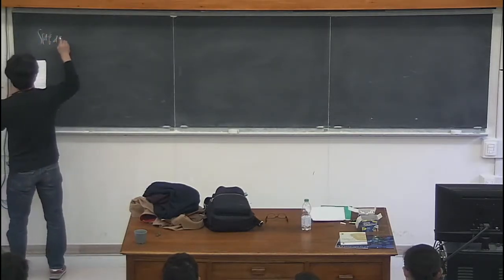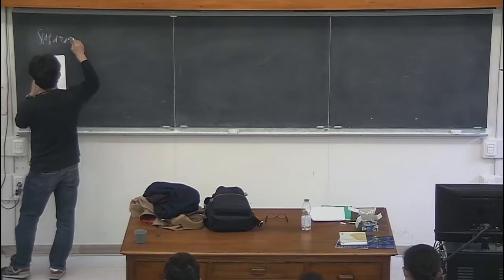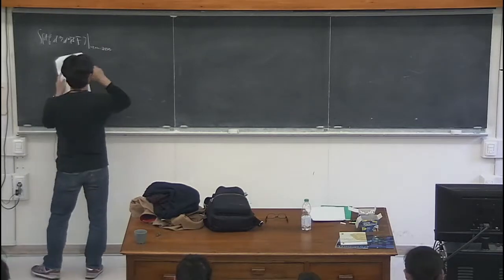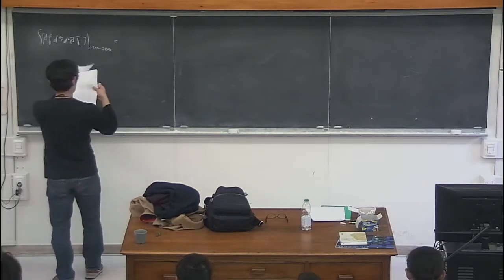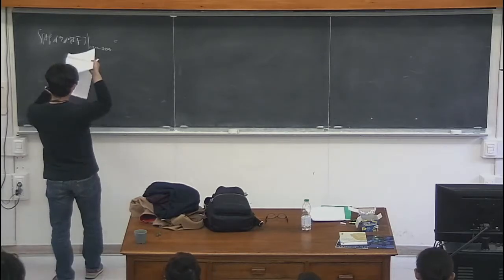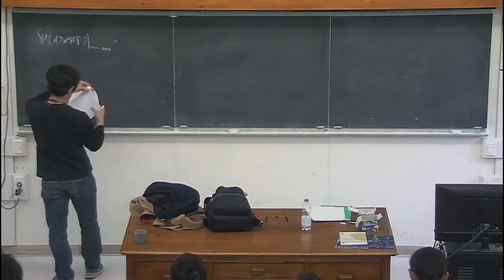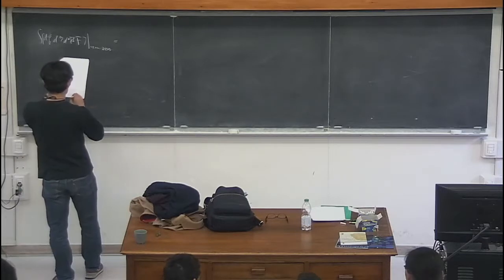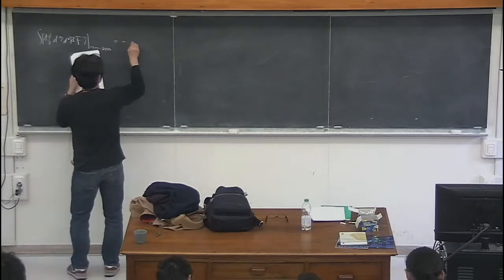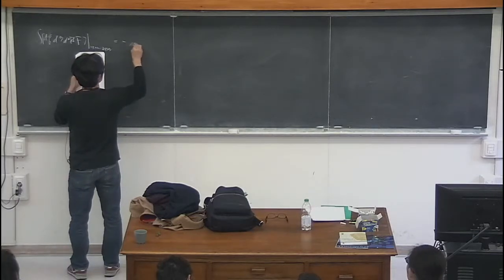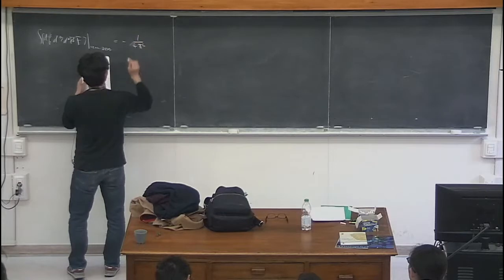dq, d eta, d eta bar, df non-zero, equal to minus 4 pi squared over 1.